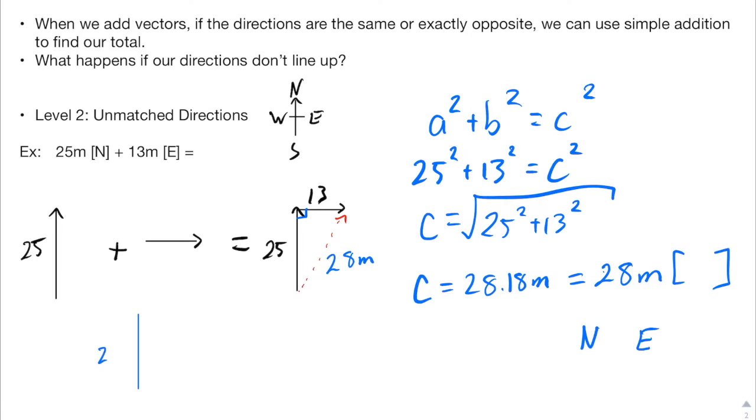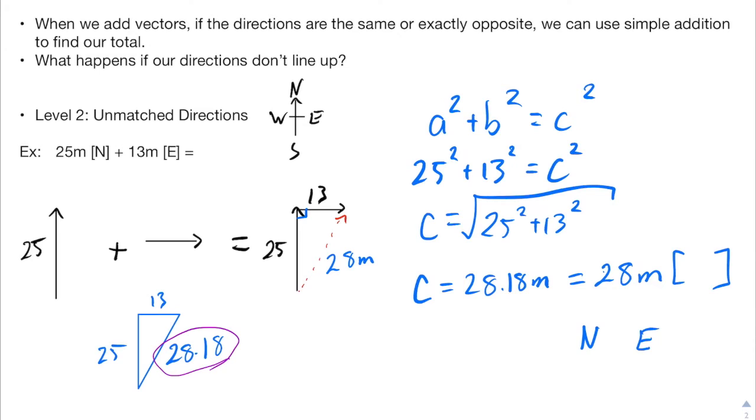Here, our triangle has a length of 25 and a side length of 13, with our resultant vector being 28.18. When you are working with these questions, if possible, try to avoid using this number, because this number is not perfectly 28.18.